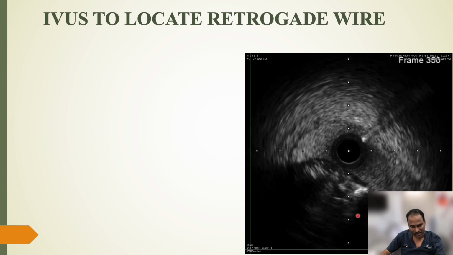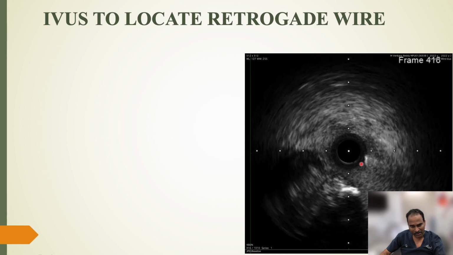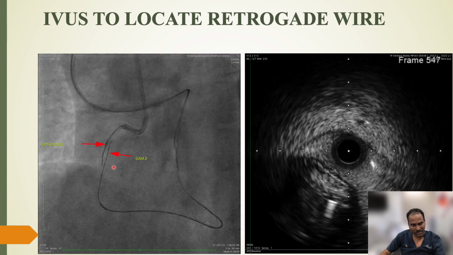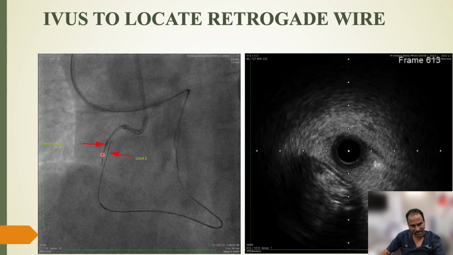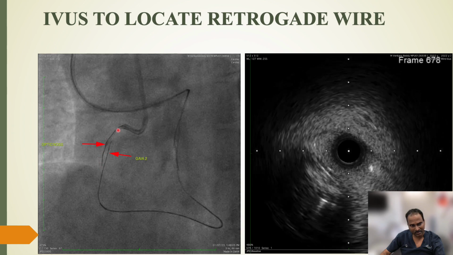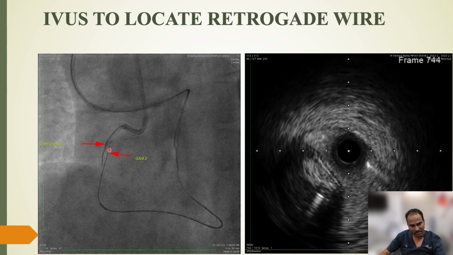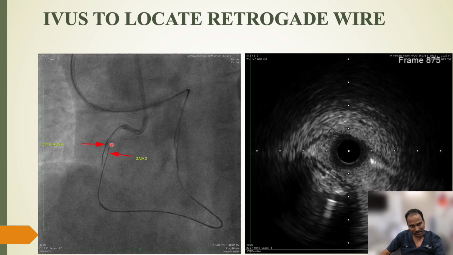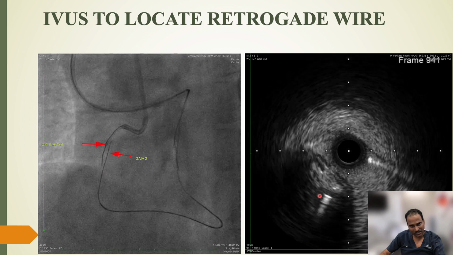So the retrograde wire is actually in the true lumen, while the antegrade wire and IVUS are in the false lumen. So my antegrade system is in the false lumen here. In fact, even the Guideliner is in the false lumen. And this is the IVUS catheter, and this is the retrograde wire sitting in the true lumen.